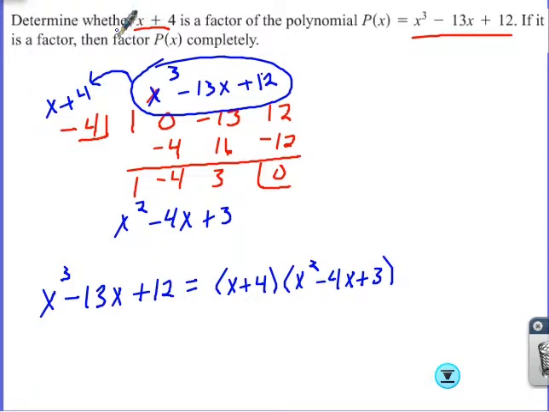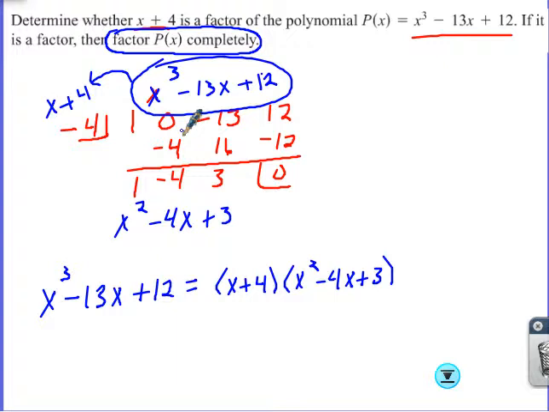But notice it says factor completely. I factored one step. So do I have to do that again? No. Because you know how to factor pretty much, hopefully. You know how to factor x squared stuff. So I can factor x squared minus 4x plus 3. That's not a problem. I have issues factoring x to the third, x to the fourth, x to the fifth.